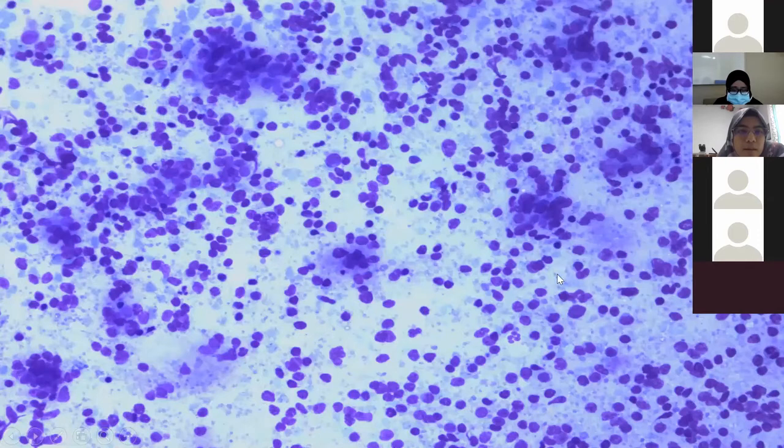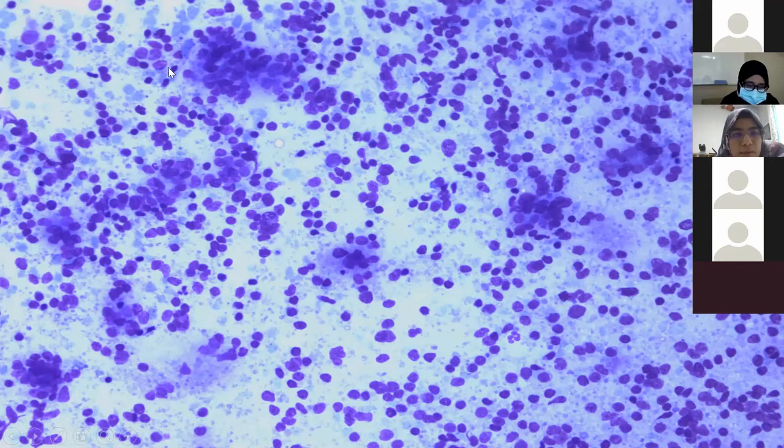Under a bit higher power, we can see that some of the cells form microfollicles and are a bit loosely cohesive. A few cells appear histiocytic as well.